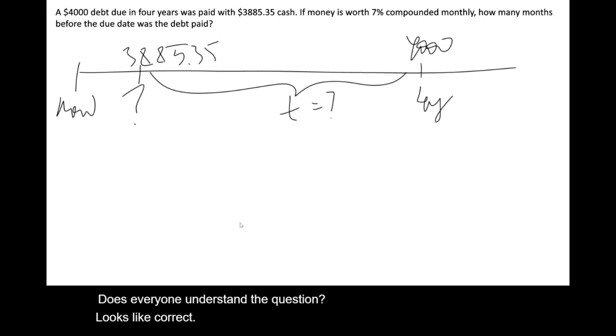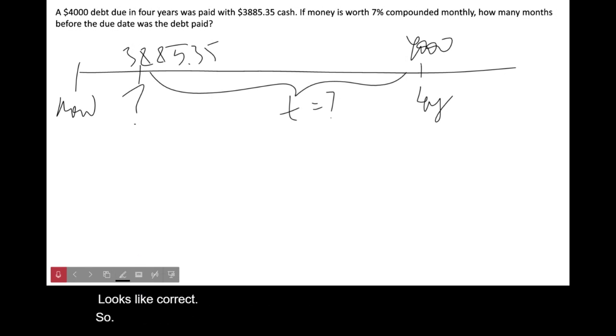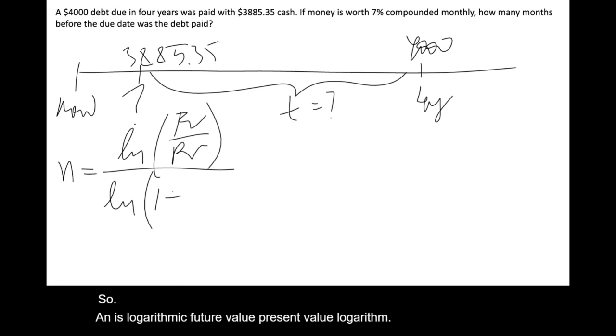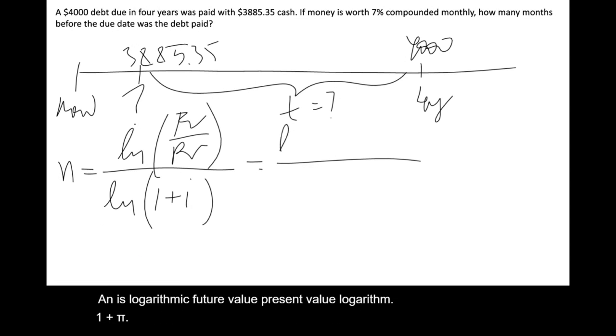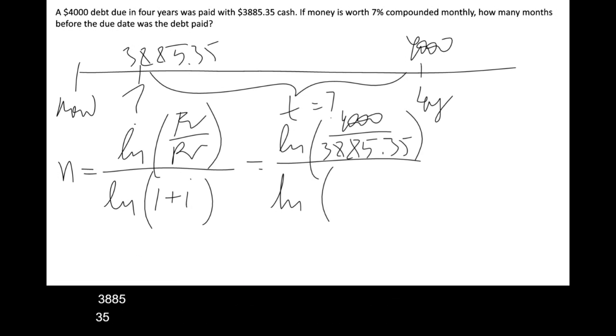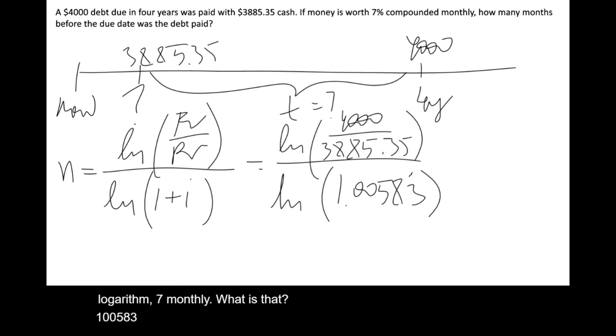So n is logarithm future value over present value, over logarithm 1 plus i. I have logarithm 4000 over 3885.35, over logarithm 7% monthly, what is that? 1.00583 per period.